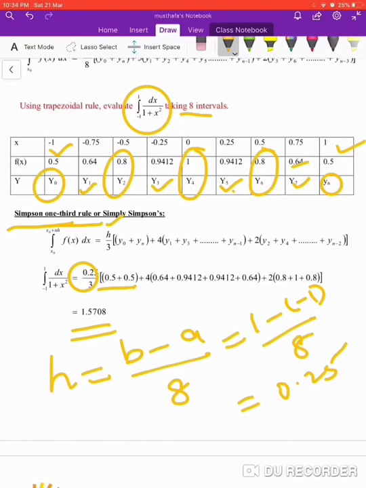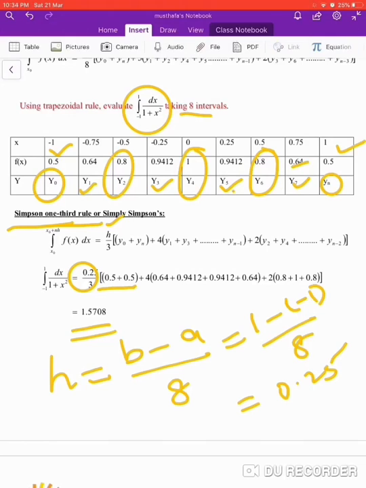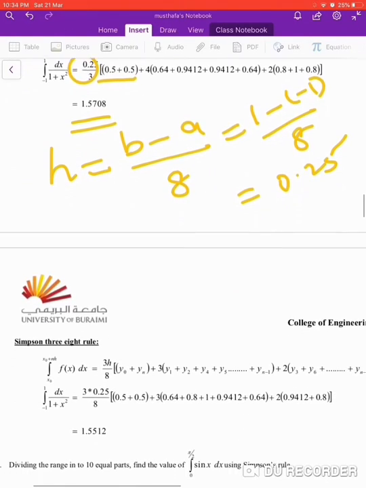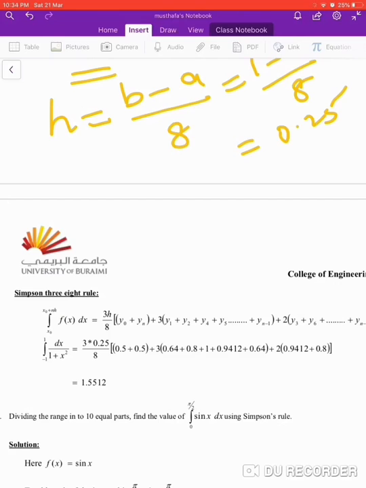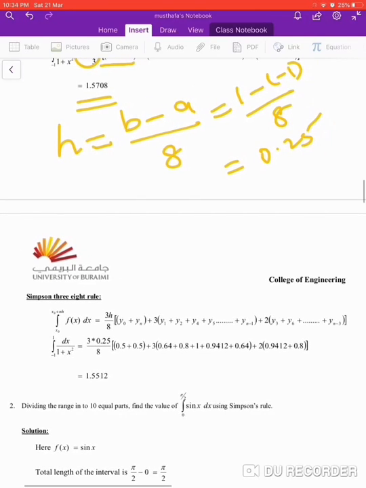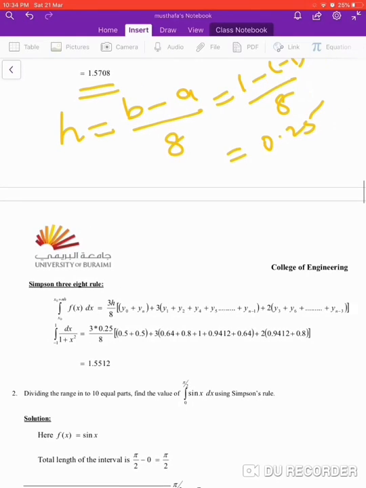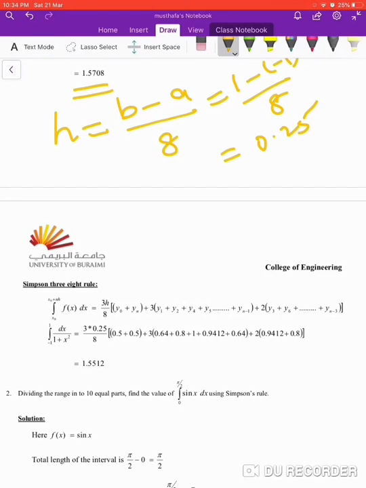Now let us see the same problem using Simpson 3/8 rule. There is a slight difference in the formula and the rest of the things are the same. According to the Simpson 3/8 rule, the formula is 3 times h over 8. The value of h, already we know, is 0.25.